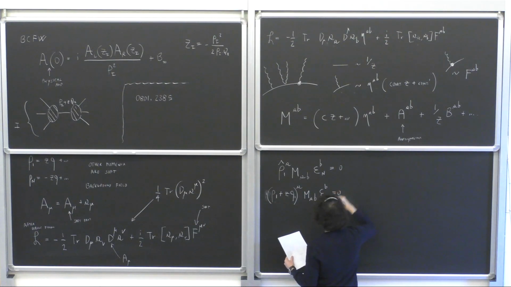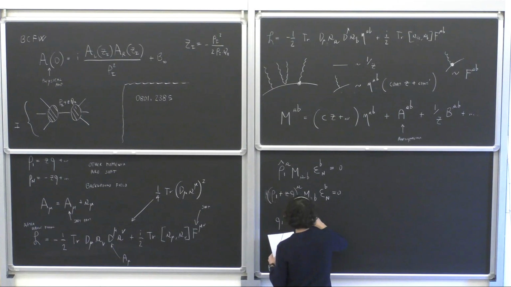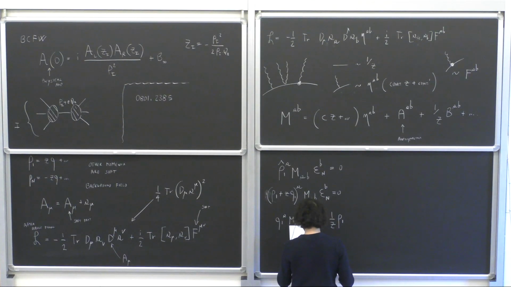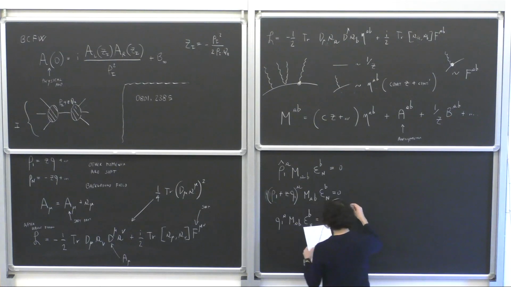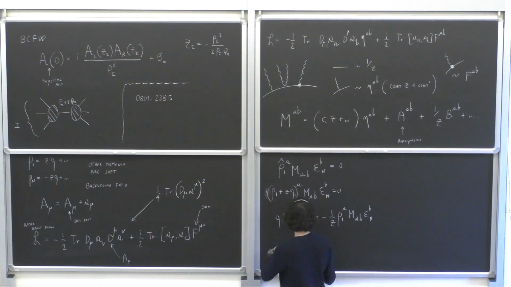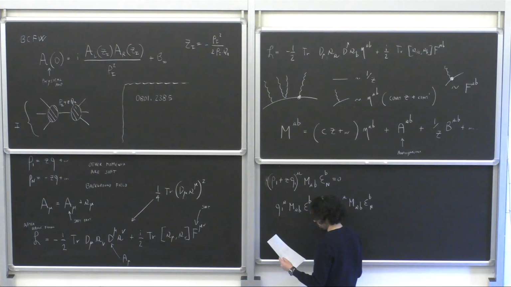This is the shifted momentum, and this implies in particular that if you have Q1 A, MAB epsilon Bn is equal to minus 1 over the complex parameter times P1A, of course, the amplitude MAB. So I can use this relation to reduce the power in the complex variable.